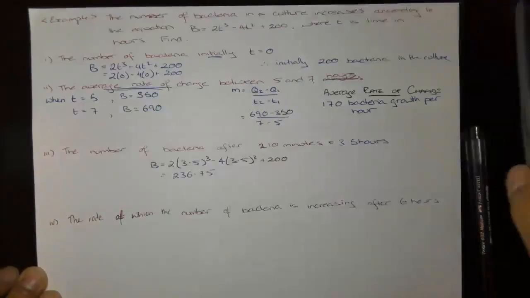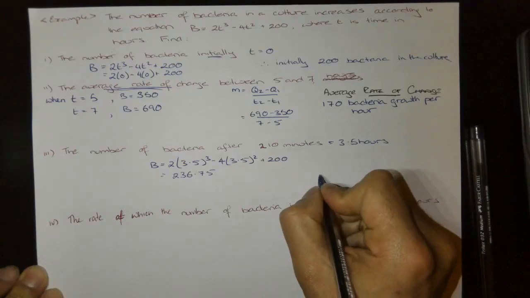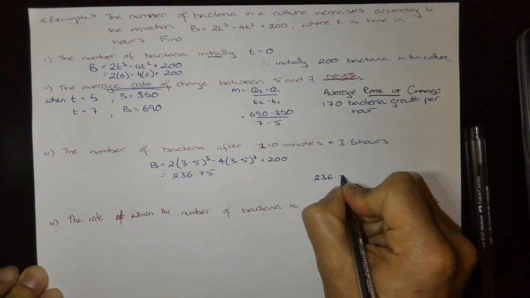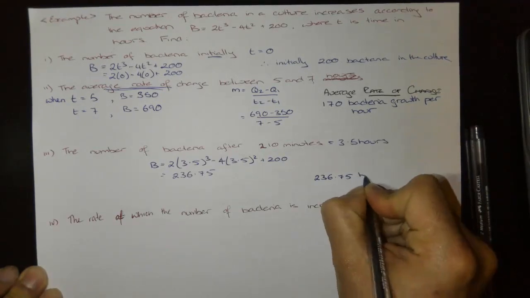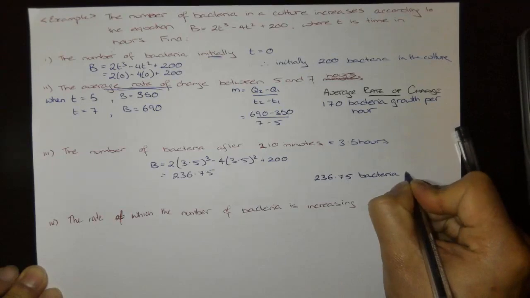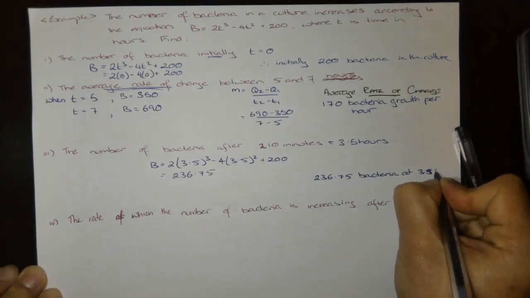So we get approximately 236 or 237 bacteria at 3.5 hours or 210 minutes.